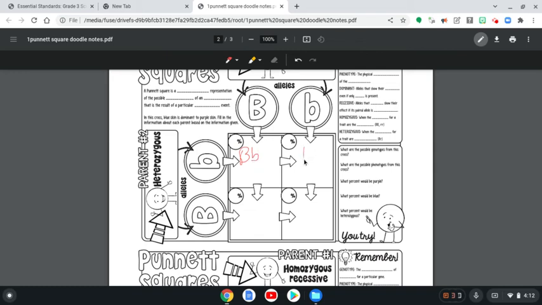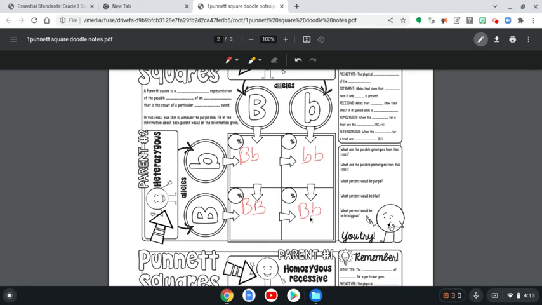This will be recessive, recessive. This will be dominant, dominant, and this will be dominant, recessive.